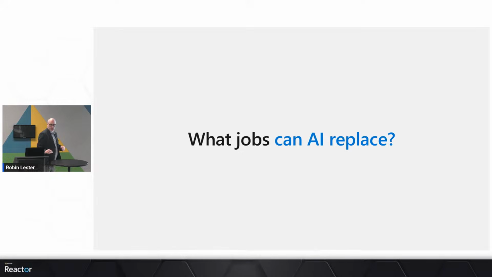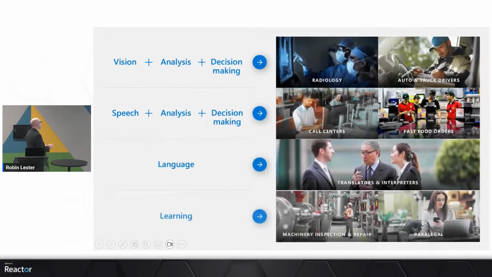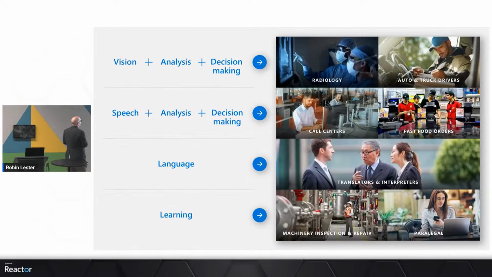Okay, so let's talk about jobs that AI can replace. So we see things such as vision, analysis, decision making. The AI can then change jobs like radiology. We see stuff like that, where it can make decisions on if this person is ill or not from images.